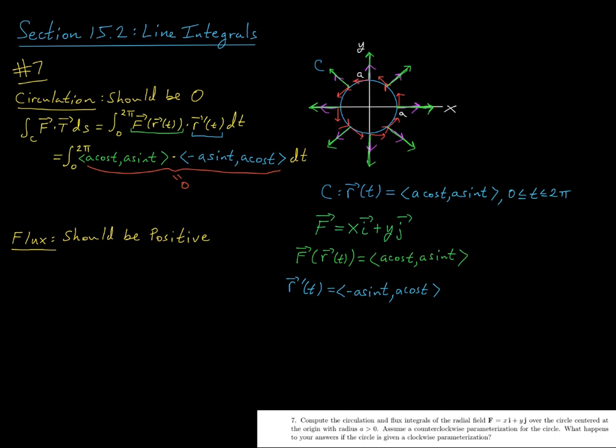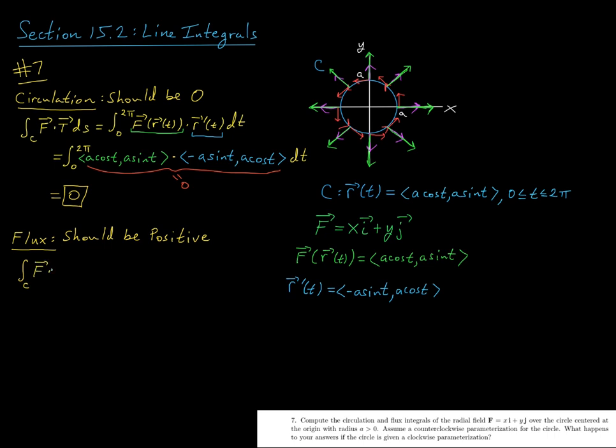The vector here in green will always be perpendicular to this tangential direction, and so indeed our circulation is 0.